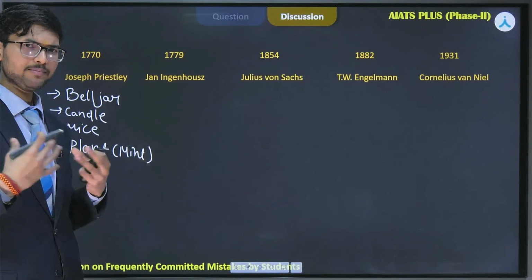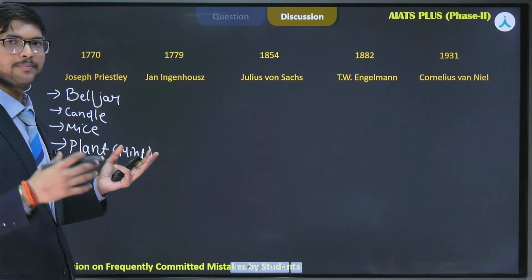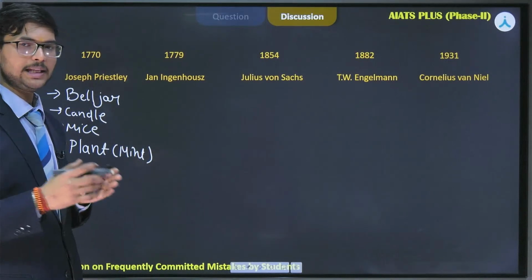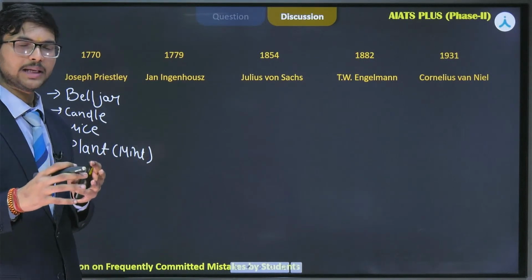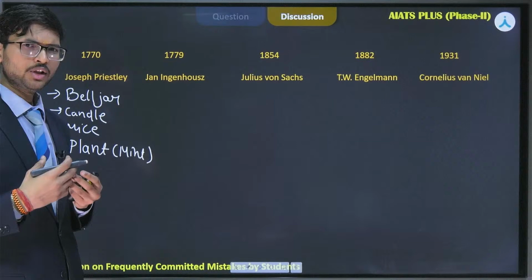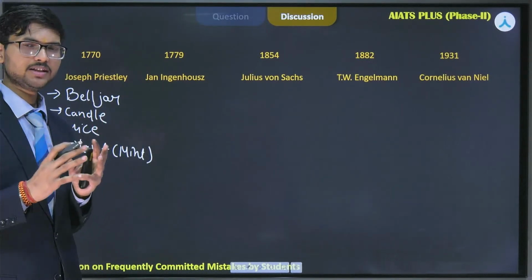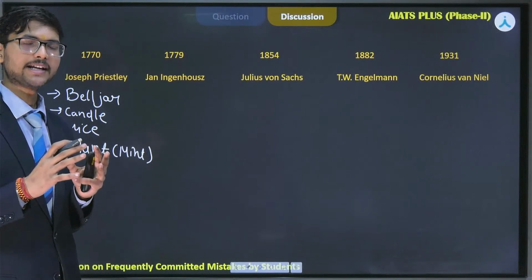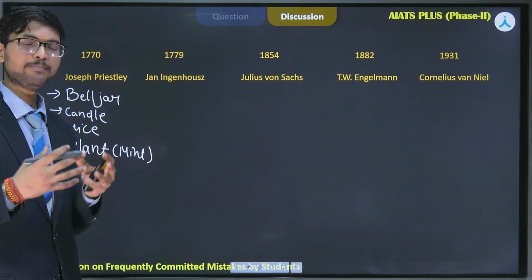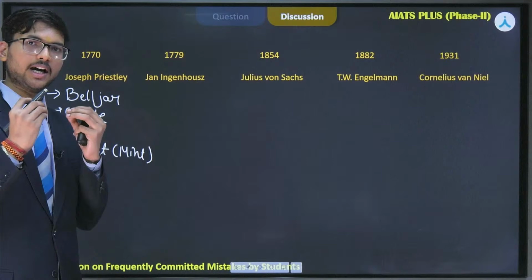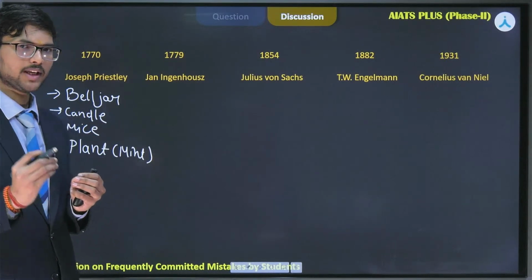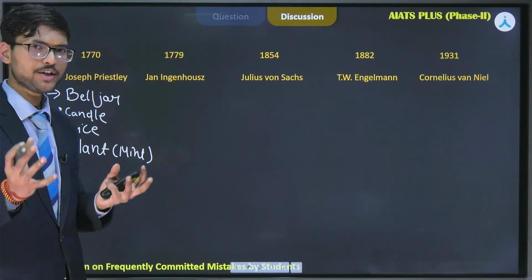Similarly, with the mint plant and the mice, the mice was able to survive. So he made a hypothesis that there is something about the plant that replenishes the air, whatever the breathing animals or the burning candle removes. That was his hypothesis, which was quite true.